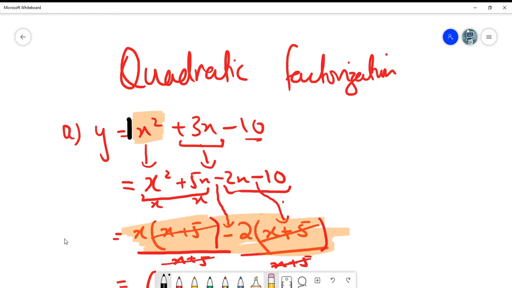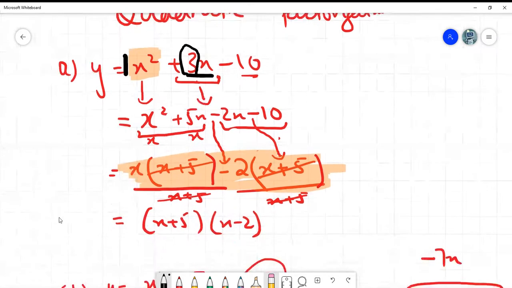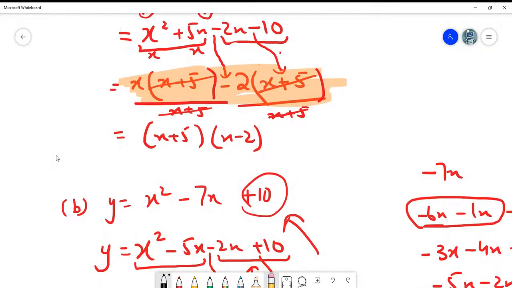Similarly, if you want to look at the coefficient of x, the number written with x, then that number was 3. Discussing the second example in the same manner, if you look at the coefficient of x squared here, then there was nothing written with x squared, meaning the coefficient here was 1.